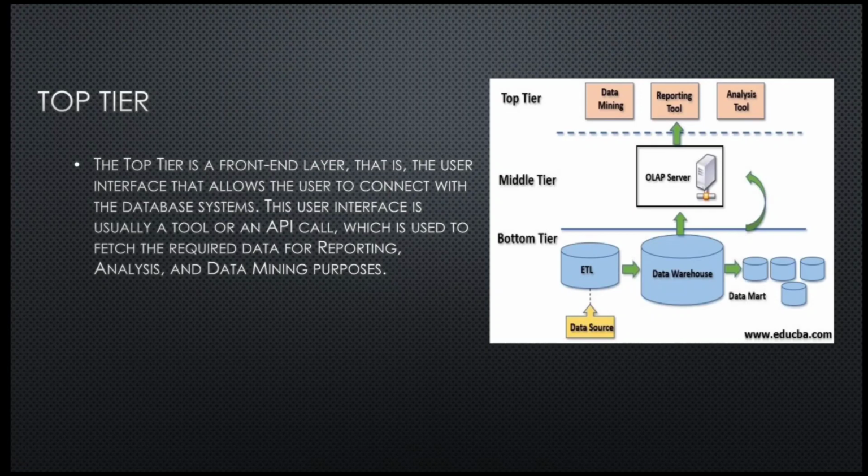It can be a reporting tool or an API call, which is used to fetch the required data for reporting and analysis. The top tier helps fetch the data which is required for reporting, for the data mining and analytical analysis tools.